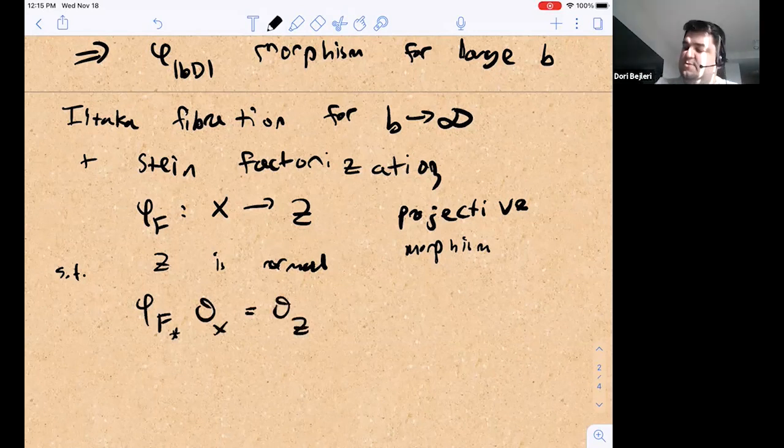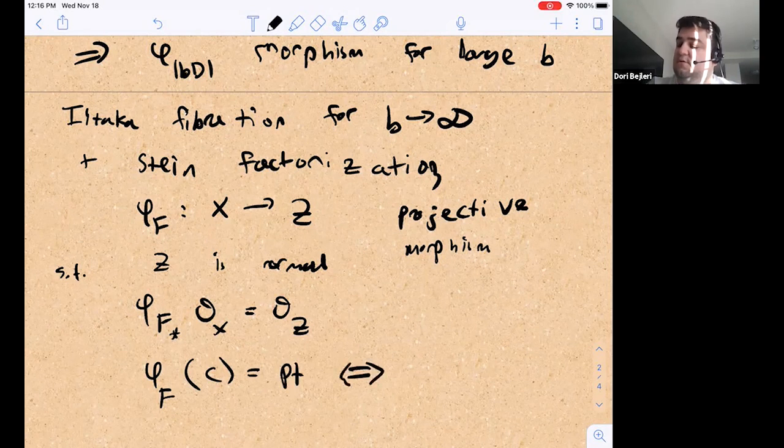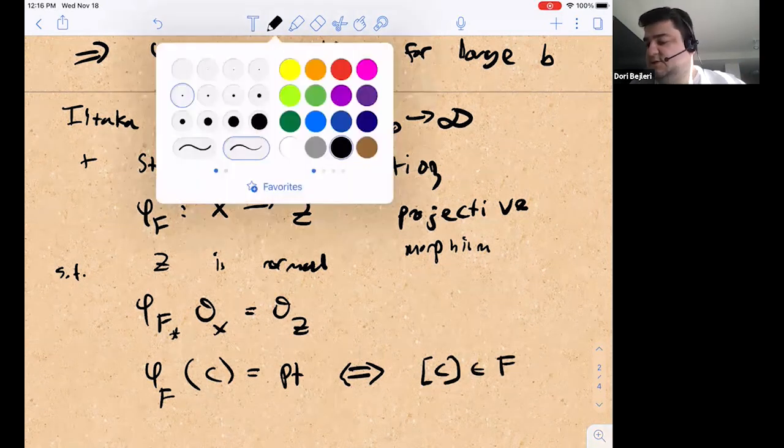So phi has connected fibers, and the important point is that phi of C is contracted to a point if and only if the class of C is in our extremal face.